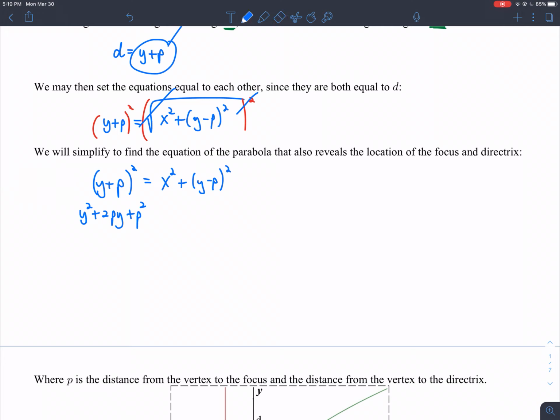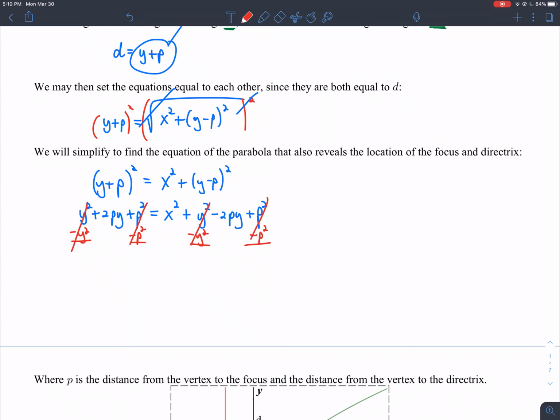So you do that, and on this side I just have x squared plus, again same thing, y squared minus 2py plus p squared. That's what I get if I square that. And now we just try and simplify. If I subtract the y squareds and the p squareds, you'll see that all of those things just go away.